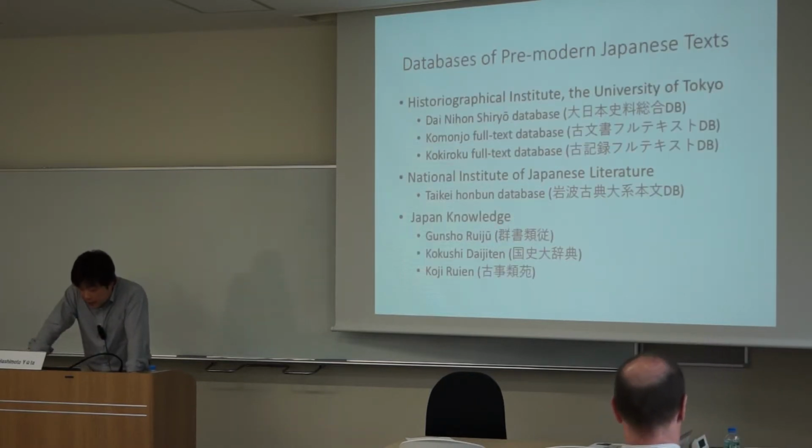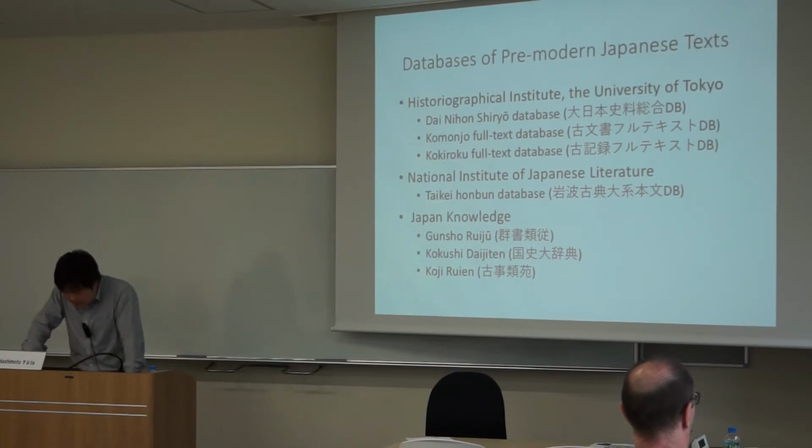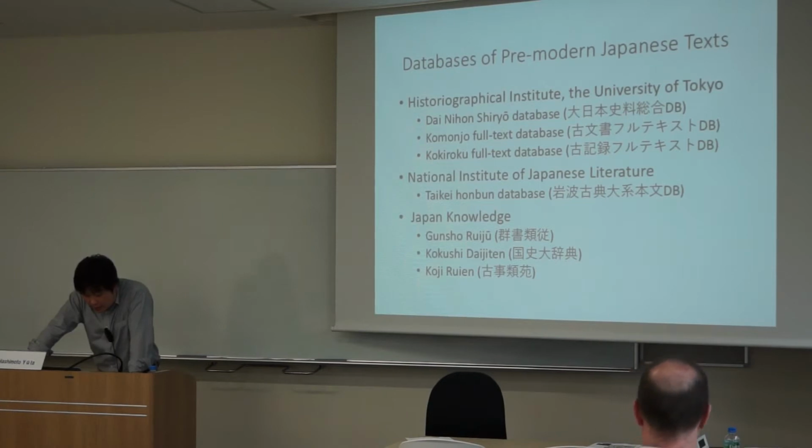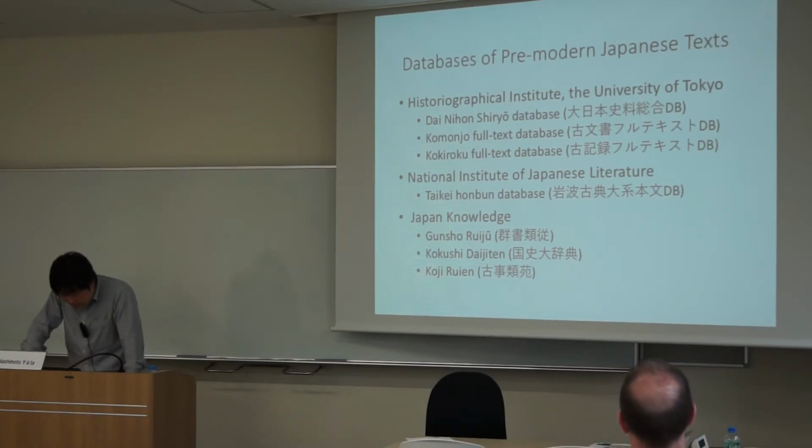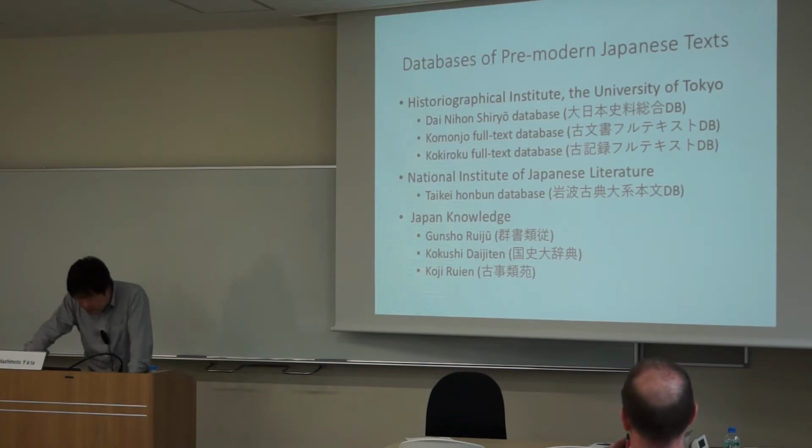And as most of the people in this room well know, there are a number of text databases for the studies of Premodern Japanese texts. Some of them are hosted by academic institutes, such as the Historiographical Institute, the University of Tokyo. And some are hosted by a company like Japan Knowledge.